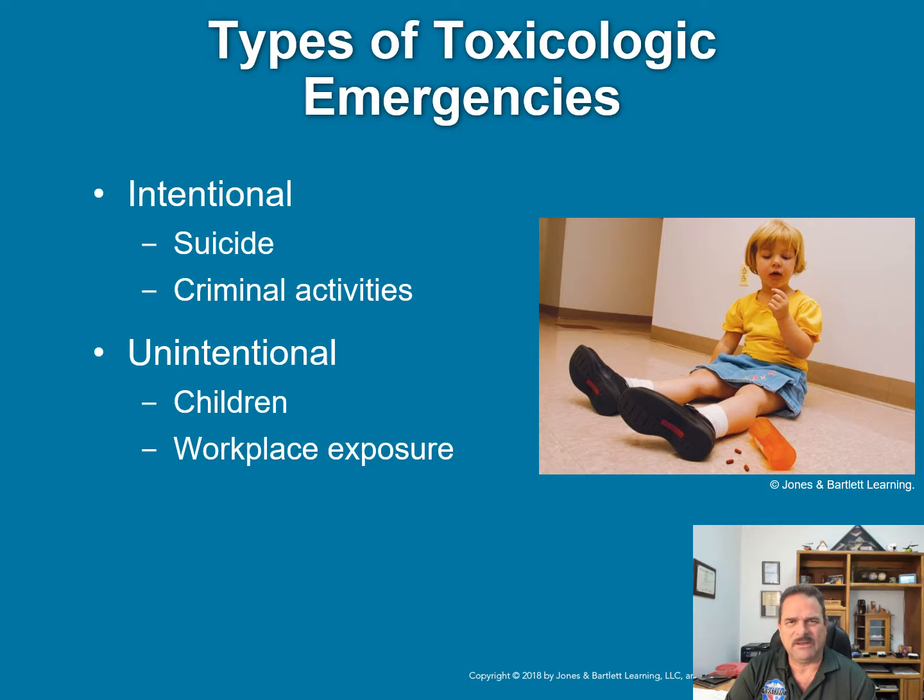Pay particular attention to any new medications or changes to the dosage. Make sure that the patient isn't taking multiple drugs from different prescribers. Consider over-the-counter or OTC medications, home remedies, and herbal supplements. This is very common in children. It may also occur in the workplace as well.